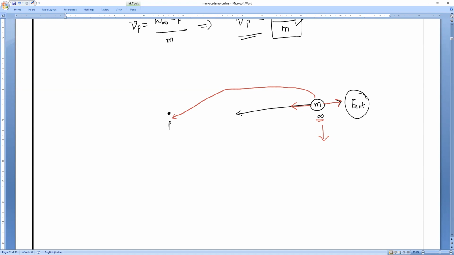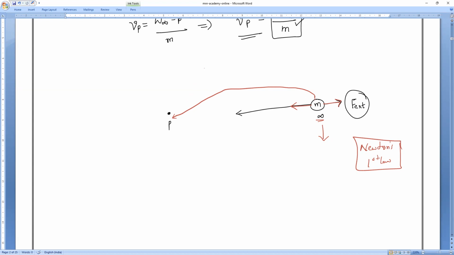Unless they are compelled by an external force, they will always remain like that. That is Newton's first law.